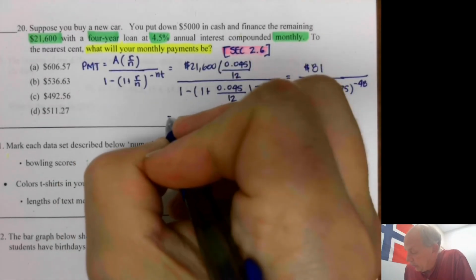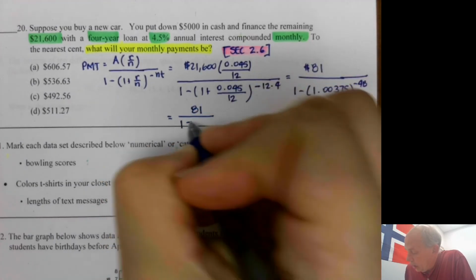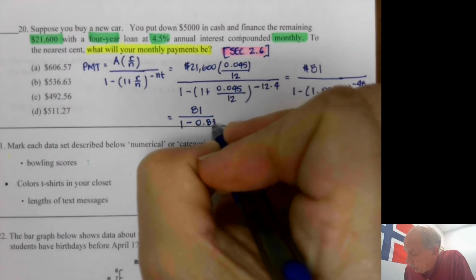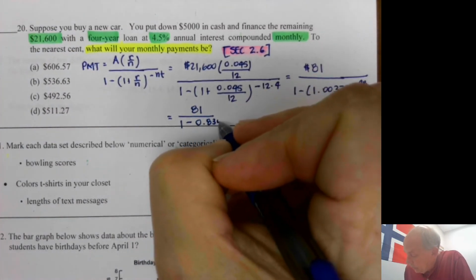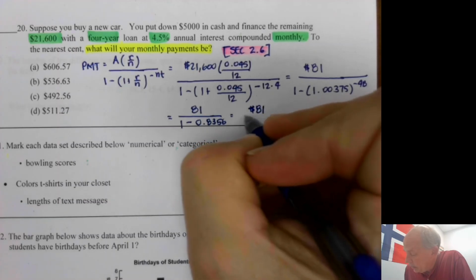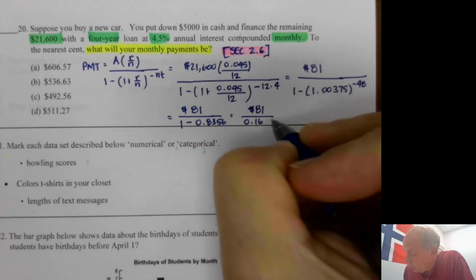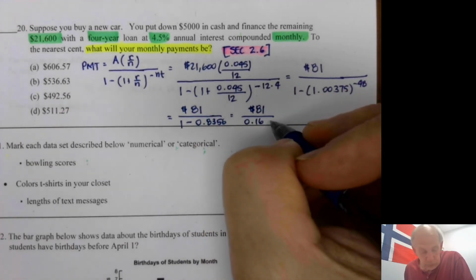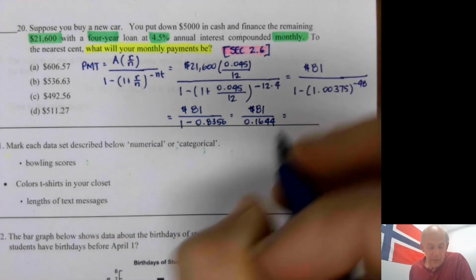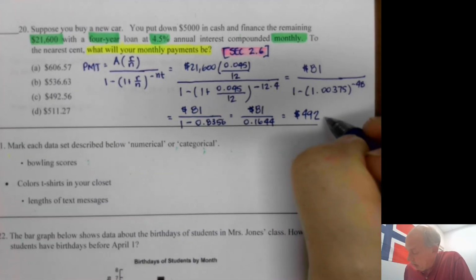So from here, I have 81 over 1 minus this value, which in my calculator is 0.8356. So I have $81, almost done, divided by 0.1644. My monthly payment is $492.70.